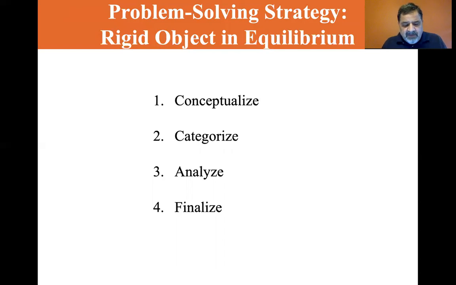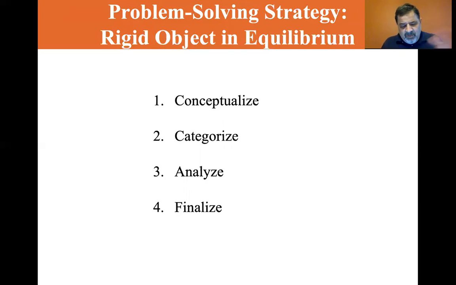The object must have zero translational acceleration and zero angular acceleration. Why is that? Because the sum of the external forces equals zero, and the sum of the external torques equals zero. So there's no translational acceleration and no angular acceleration.